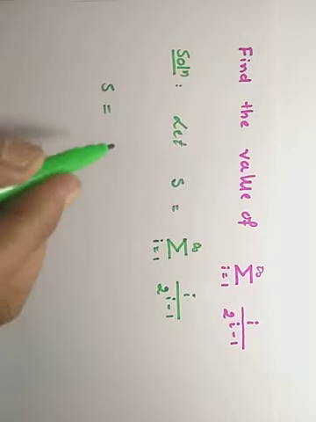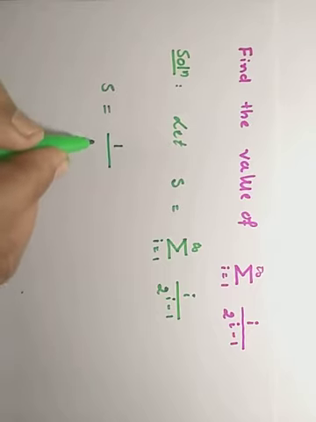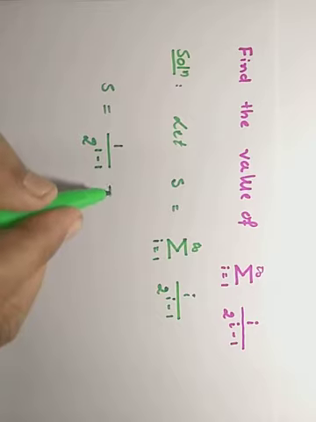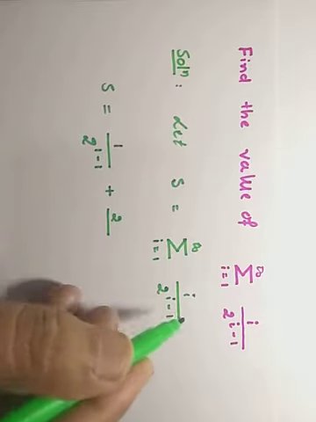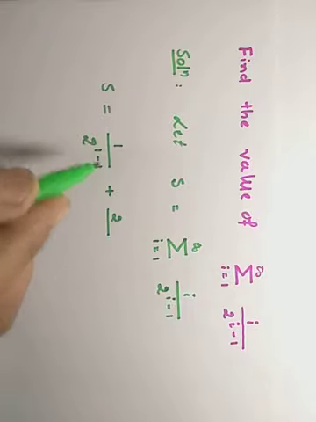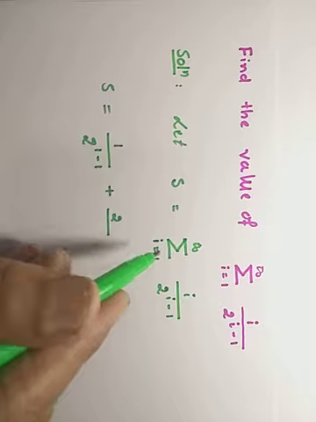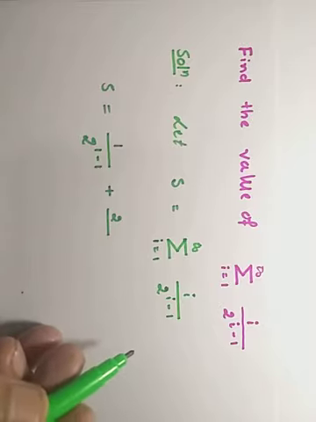Therefore, I'll elaborate it: 1 upon 2 to the power 1 minus 1, plus 2 upon, because now i is equal to 1 I have taken, next I have to take 1 to infinity, which means I can take 2, 3, 4 and so on. The i values go on changing.